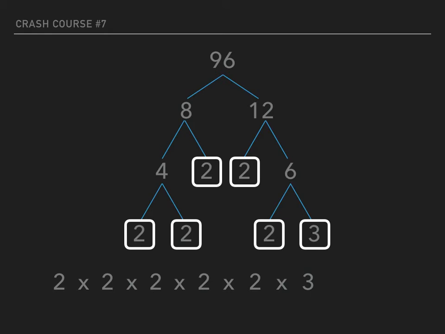If we did this correctly, these numbers should multiply to equal 96. So I have 2 times 2, which equals 4. 4 times 2 equals 8. 8 times 2 equals 16. 16 times 2 equals 32. And then finally, 32 times 3 equals 96. I've identified all of the prime numbers that make up 96 when we multiply them.